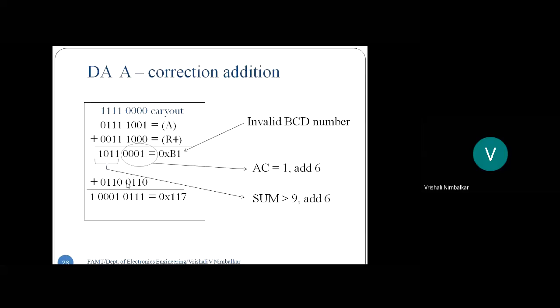Now there's no auxiliary carry, and it's 7. 7 is a valid BCD number. Go for the next 4 digits. 1 plus 0, 1; 1 plus 1, 2, 0 and a carry; 1 plus 1, 2, 0 and a carry; and that's 0 and a carry. Now while correction addition I got a carry, it's a part of the answer. And what's the answer? See here, 117. Correct. What did we say?